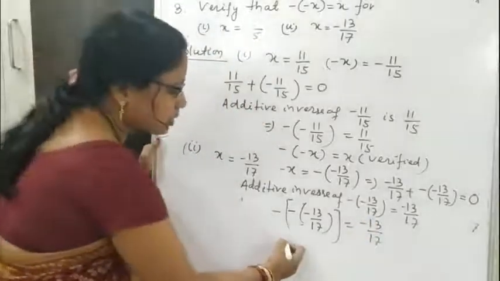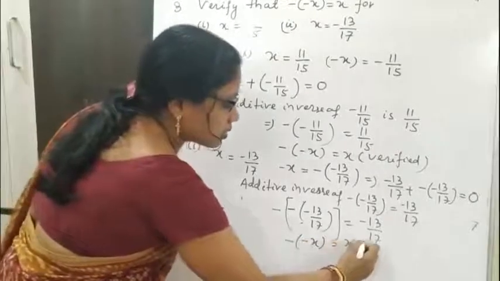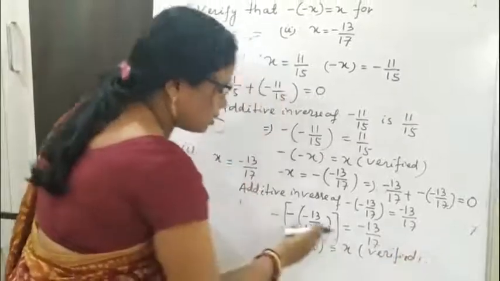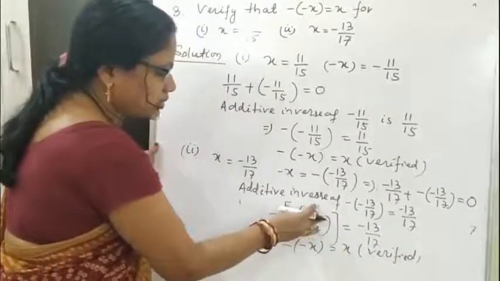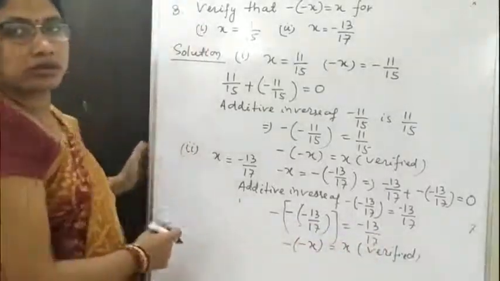So this is minus of minus x is equal to x. This is verified. So this is our x, this is minus x. So minus of minus x is equal to x.